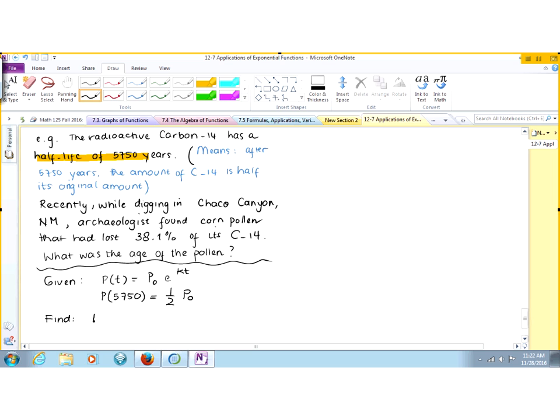And then find T. Find T when P of T is equal to 1 minus 38.1% of P naught. This is a little bit difficult, so you have to look at it a little bit more. So first we have to find K.